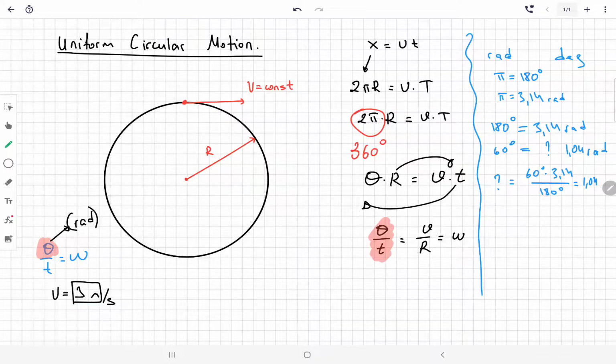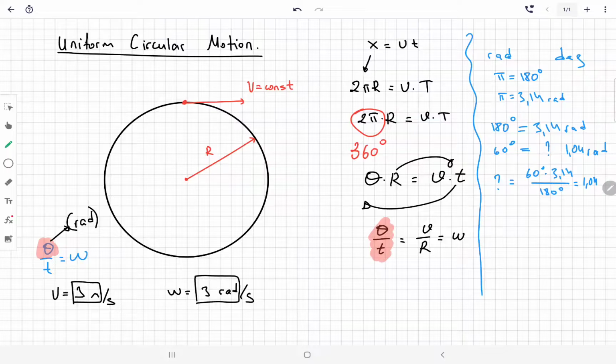Now let's come to the angular speed. Angular speed, for example, equal to 3 radians per second. It means in 1 second this object rotates for 3 radians. And we know that radian is an angle. So 3 radians is approximately 180 degrees.